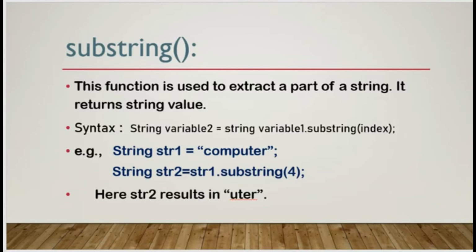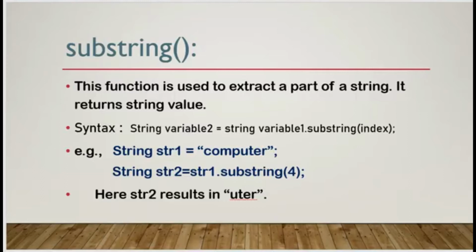substring from the string. For example, we have taken one example as string str1 equals computer, and here we are extracting the substring from the string str1, and we have specified the index 4.